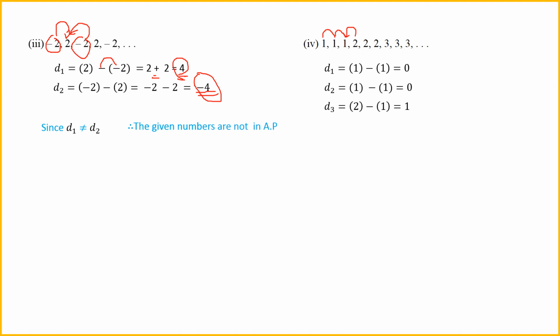To be an arithmetic progression, we need the difference to be common throughout the progression. Therefore it is not in arithmetic progression. Coming to the next.